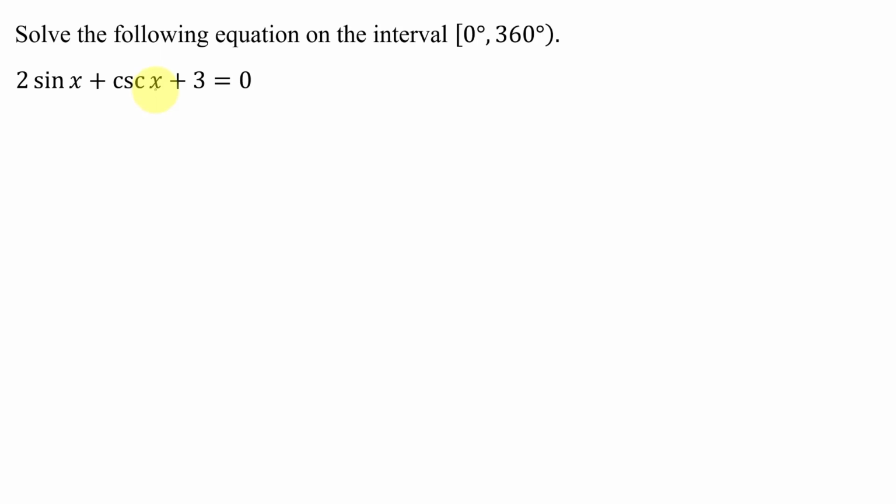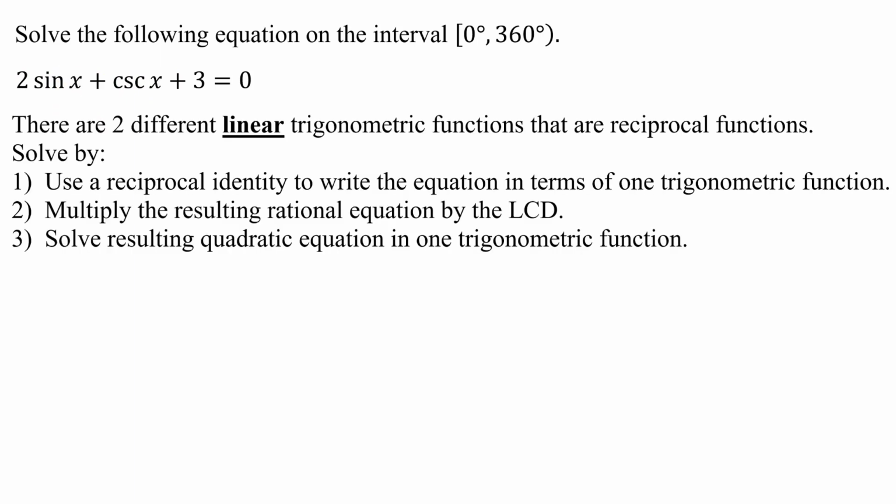However, it's very important to note the relationship between these two trig functions. They are reciprocals of each other, since the cosecant of x is 1 divided by the sine of x. So we have two different linear trigonometric functions that are reciprocal functions.